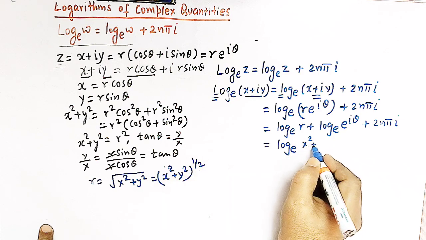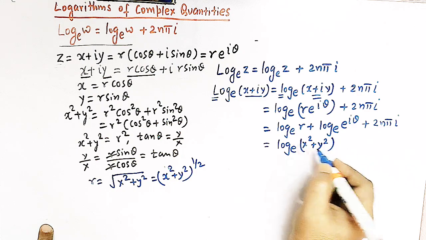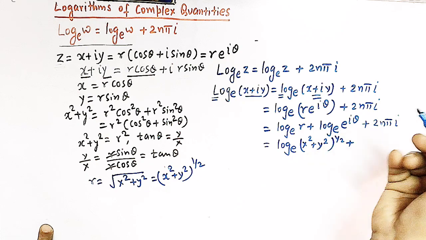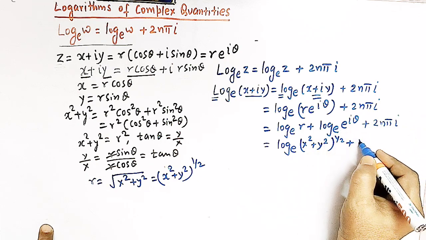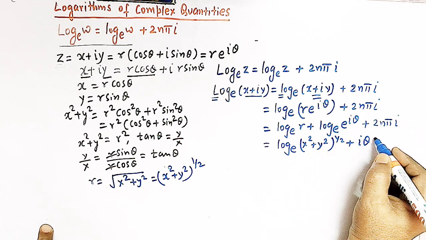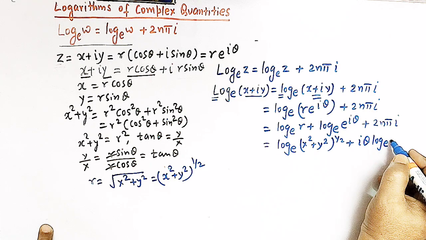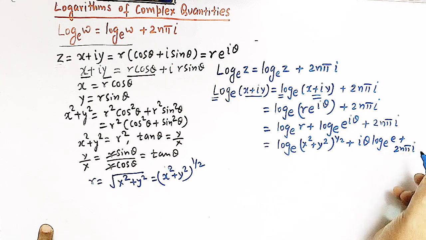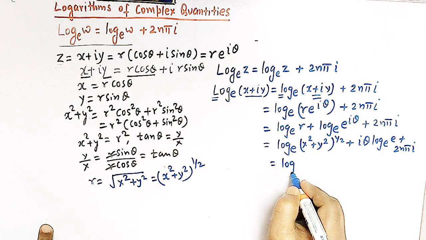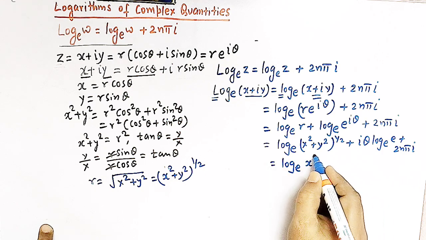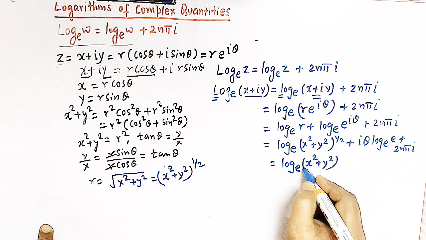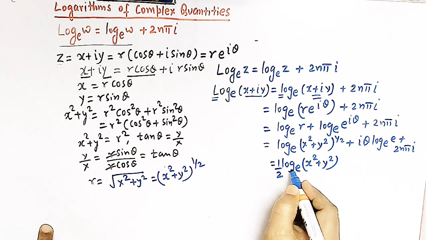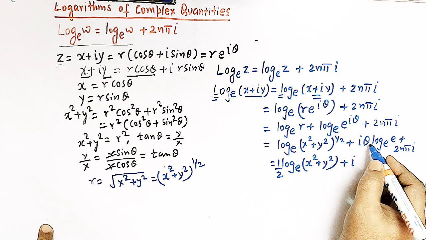So here we have log of x square plus y square raised to half, and here using the laws of logarithms, we have i theta, and then log of e to the base e plus 2n pi i, right? So now we can write half log of x square plus y square, taking this half in front of log, and here we have i theta.